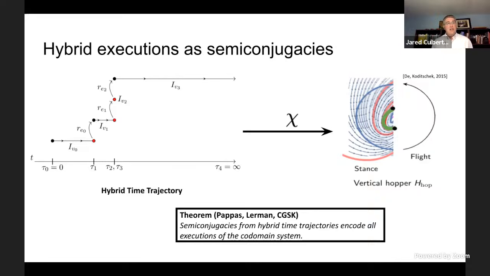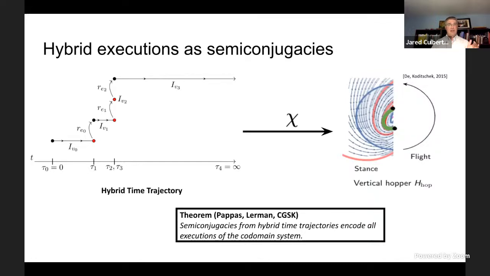But you can express a hybrid time trajectory as a hybrid system itself in the way that I've shown here, where you flow up till time tau 1, then jump instantaneously at tau 1, then flow until tau 2, then jump there, then jump again, and then flow again.